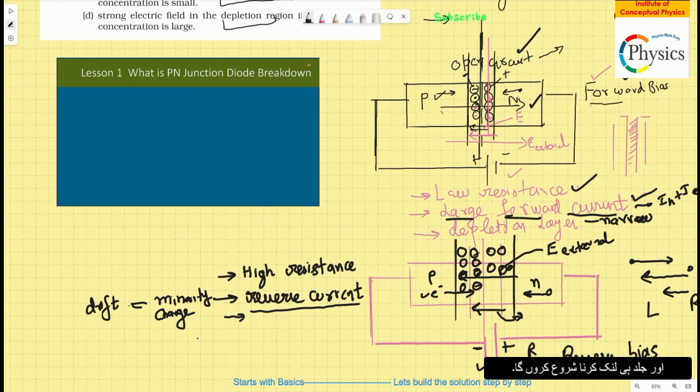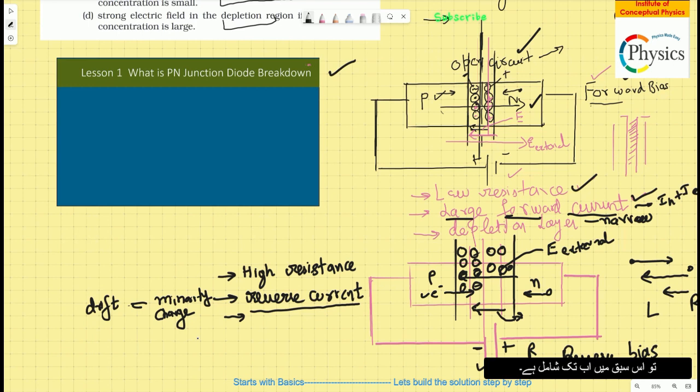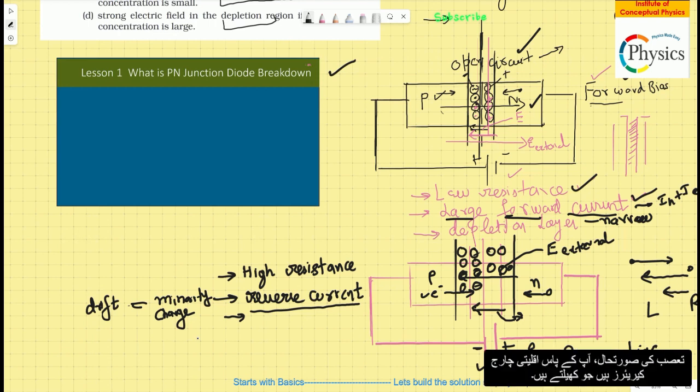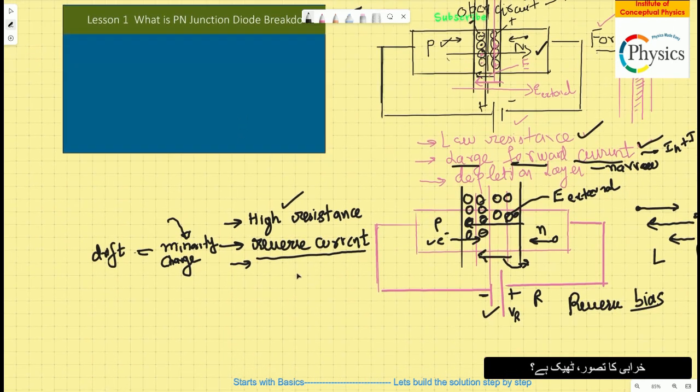And soon I will start linking the question with the lesson I started with. Okay, so this lesson has included so far the concept of open circuit PN junction diode, forward bias, and then reverse bias. And it has explained to you that in a reverse bias situation, you have minority charge carriers which play a role, and it's a high resistance scenario. Now comes the real good part of it, right? I'm going to take you towards the concept of the breakdown.